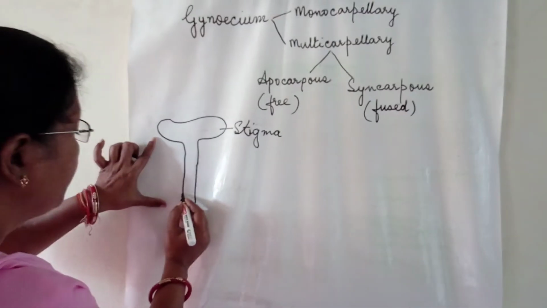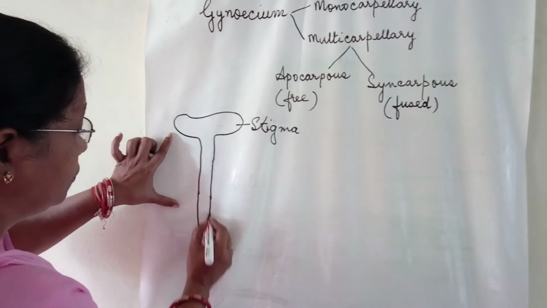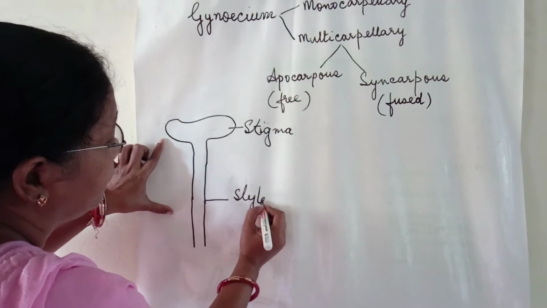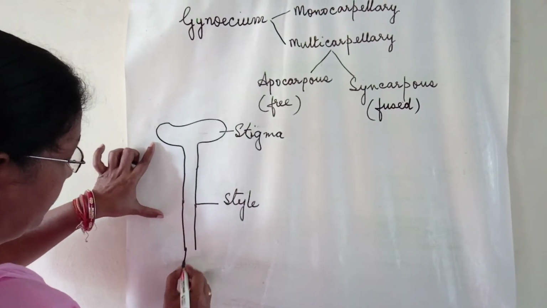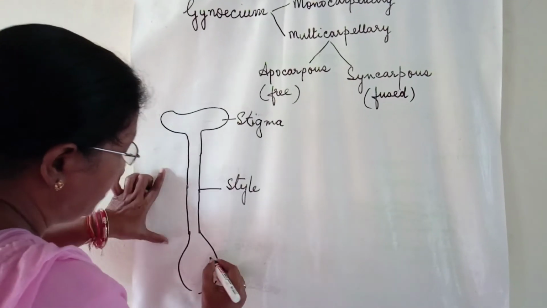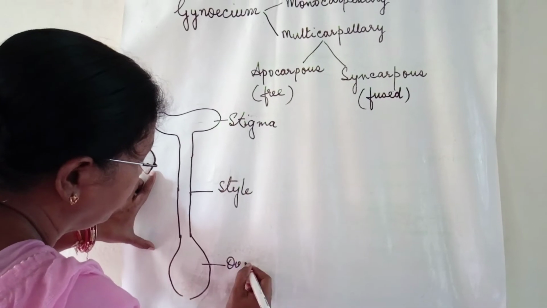This cylindrical tube-like structure is known as the style, and this swollen part is known as the ovary.